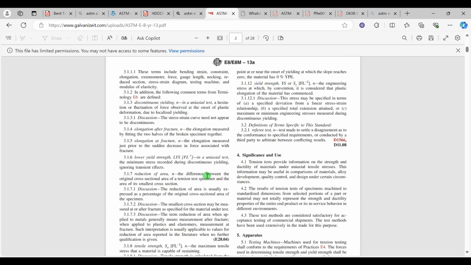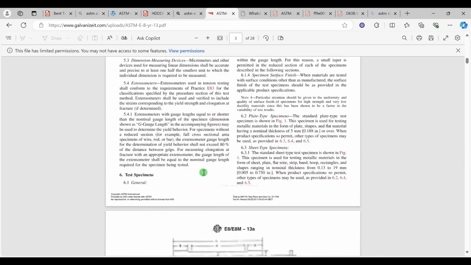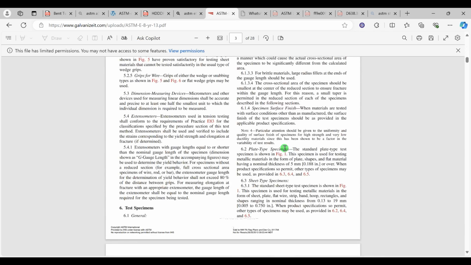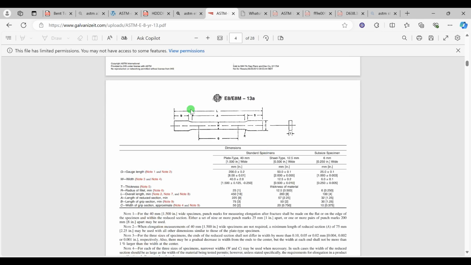And again, as I said for the previous standard, you should look for this table, and according to the thickness you should classify the table and find the appropriate method and dimensions for your dog bone and specimen.